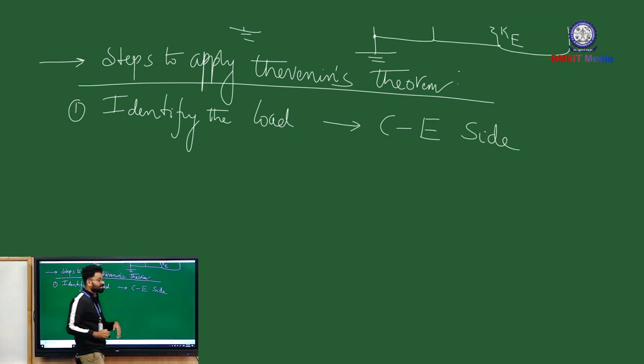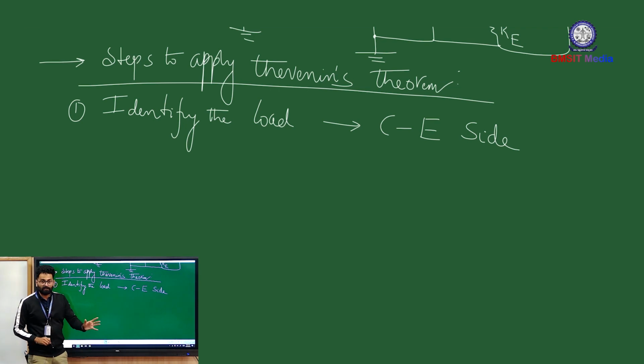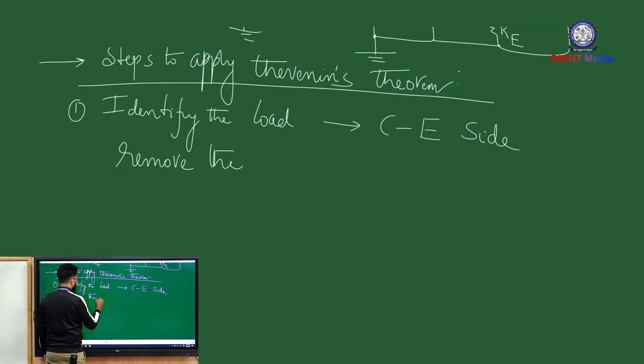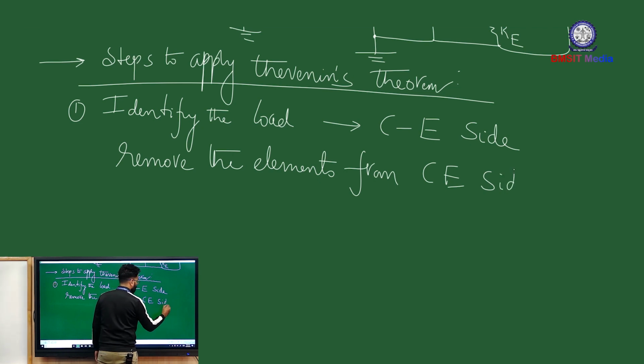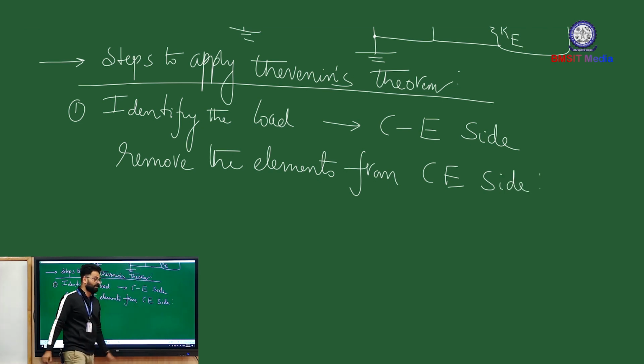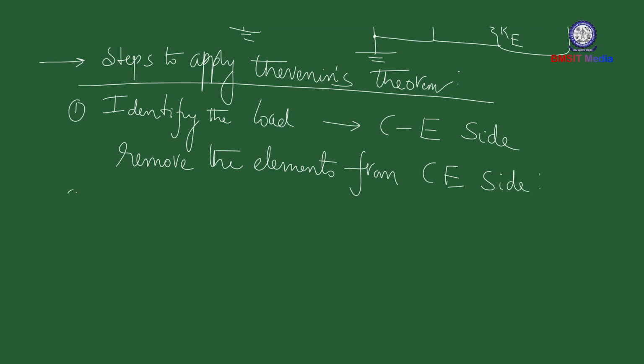So the common emitter side is basically your load terminal. So what you have to do is remove the elements from the CE side. So that's the first step.